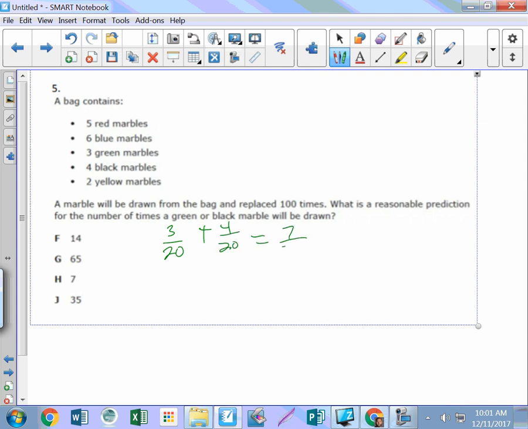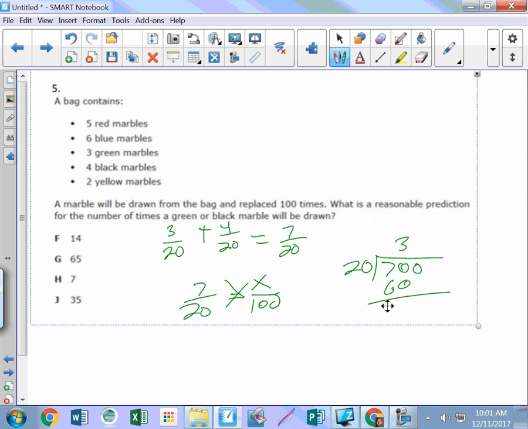So that is 7 of 20. Set up our proportion. Draw 100 times. That's 700 divided by 20. I know 20 goes into 100 5 times. 5 times 7 is 35. So the answer is J.